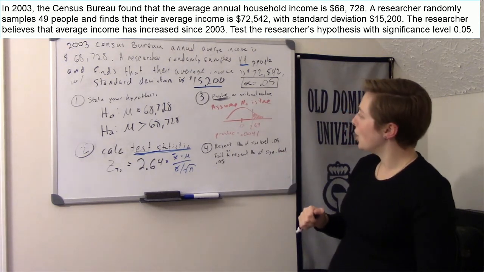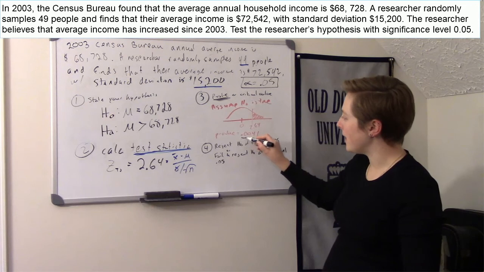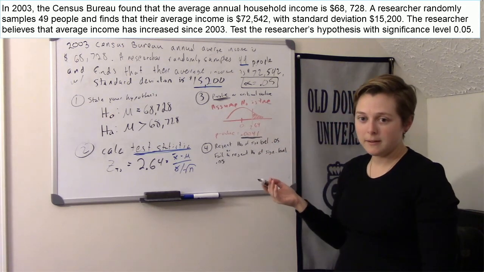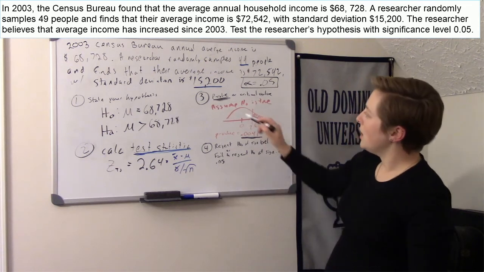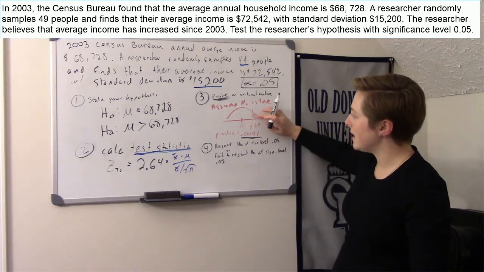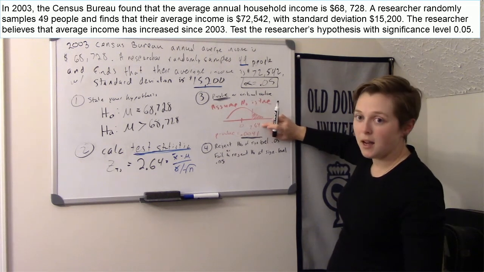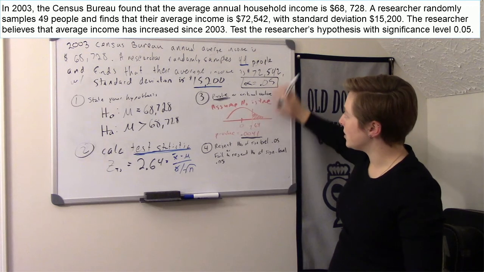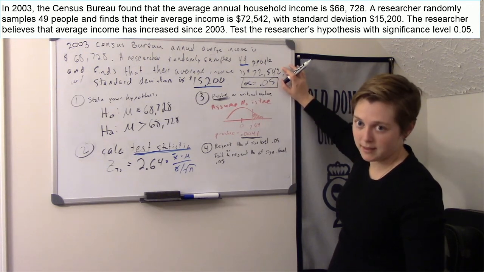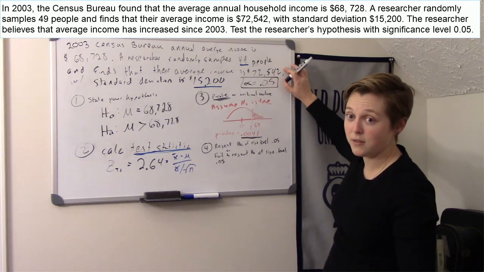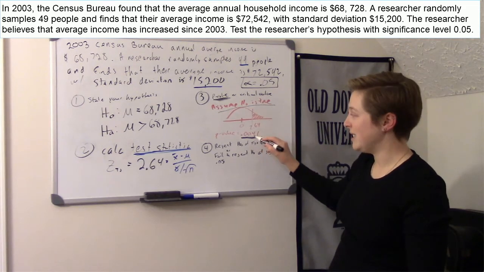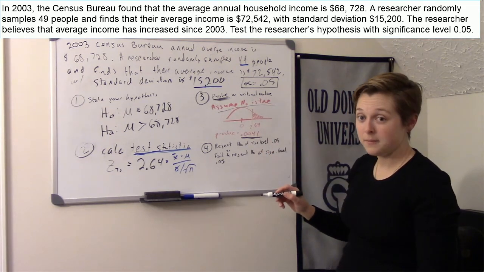Okay? So we found this p-value, and that's a really small number, right? If we're assuming the null is true, the probability of observing this sample statistic, this sample average, is really low, 0.0041.